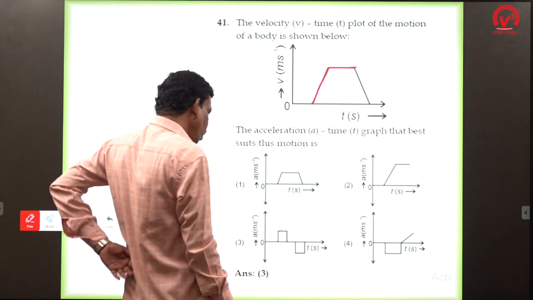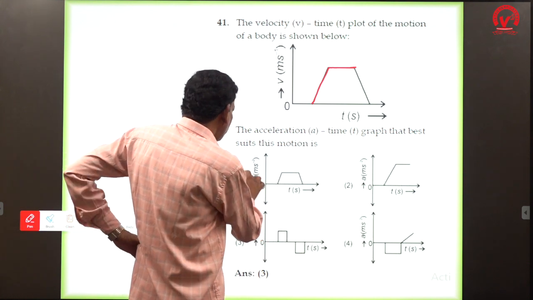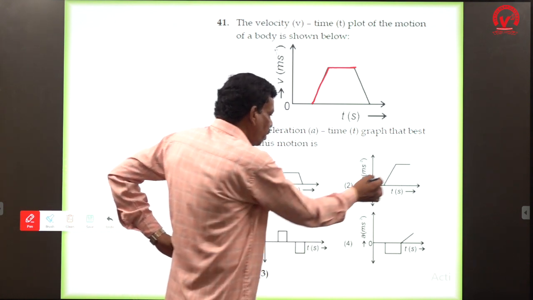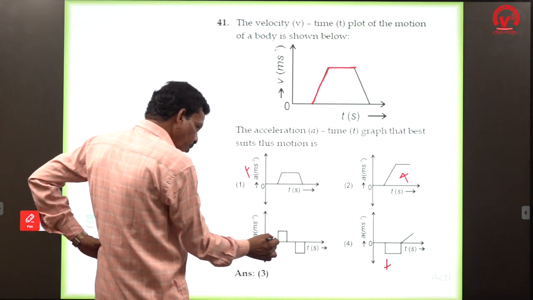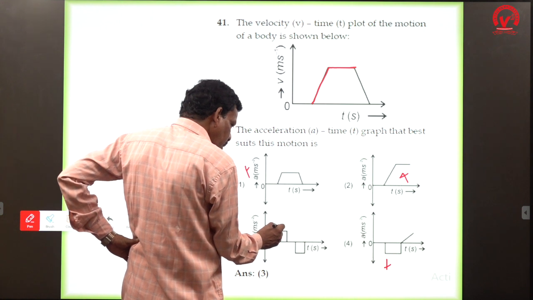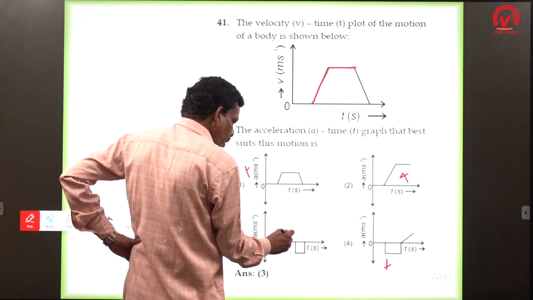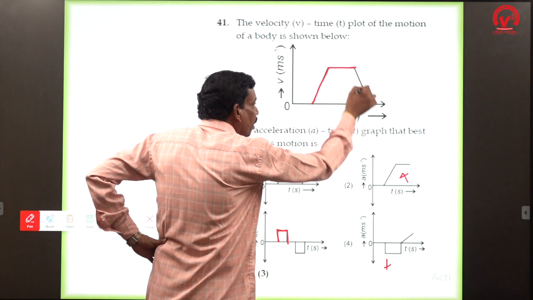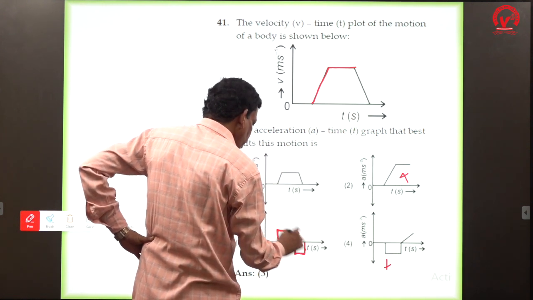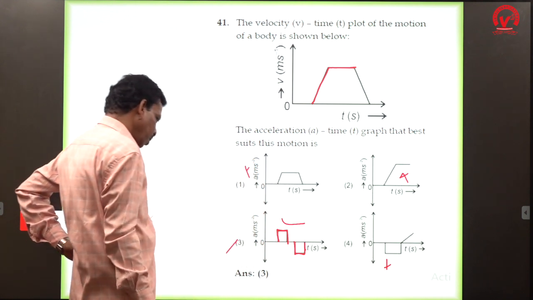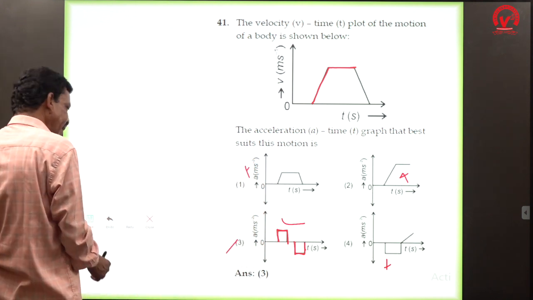Now it is 0. Then constant. Again here, what? Negative part, decreasing. So this is the correct answer for the a-t graph.